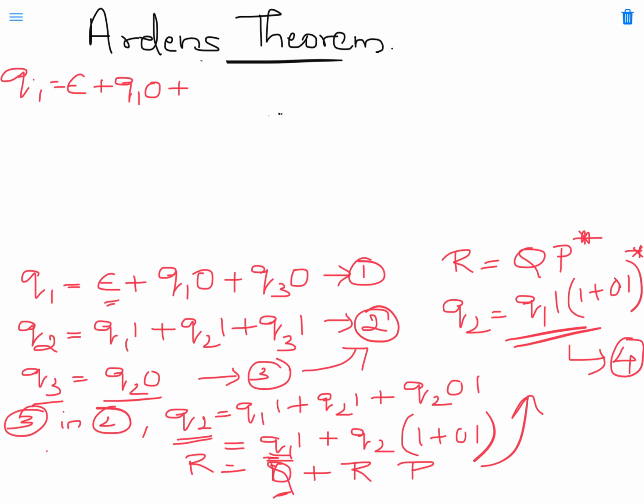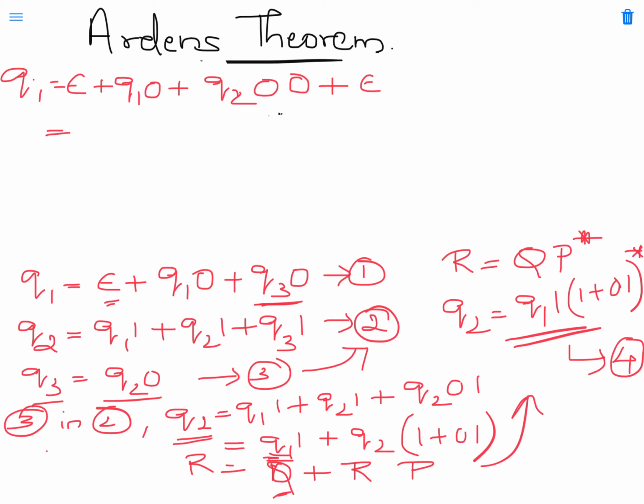That is Q2 0, and in place of Q3 you have placed Q2 0, and the remaining 0 will be placed over here, plus epsilon.